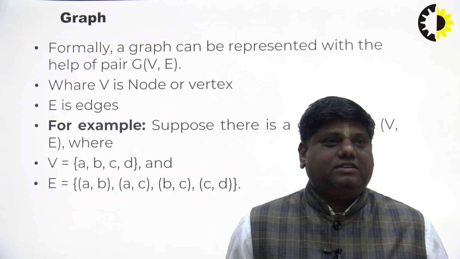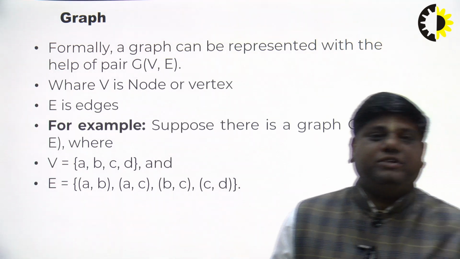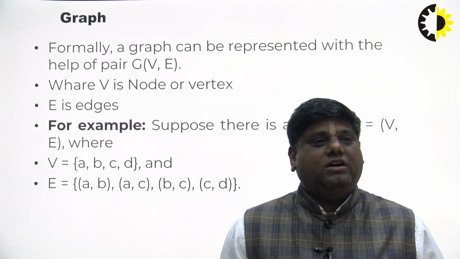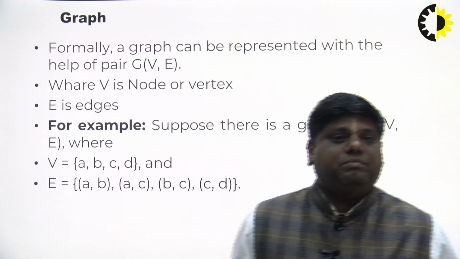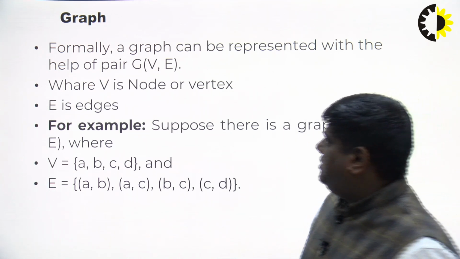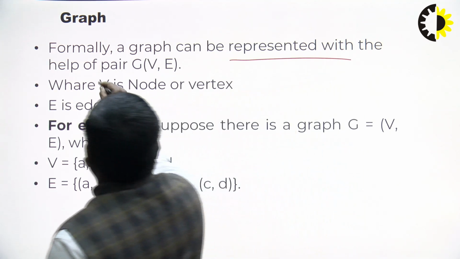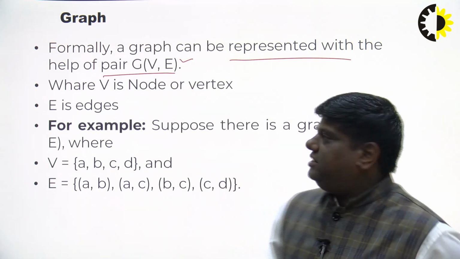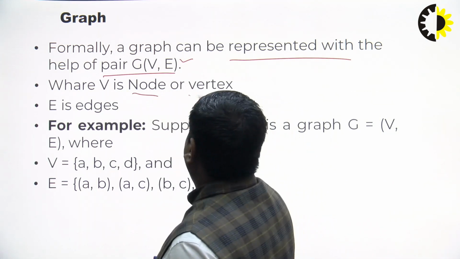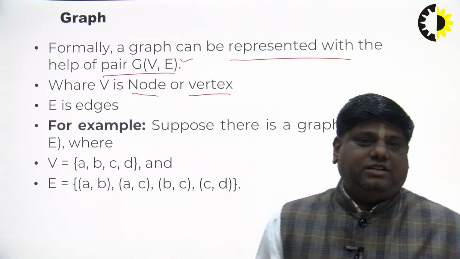Before we start, first we give a very simple definition of the graph, how graphs are designed and what some basic terminology of the graph is. Now a graph can be represented with the help of V and E, where V is a node, or V stands for a vertex.